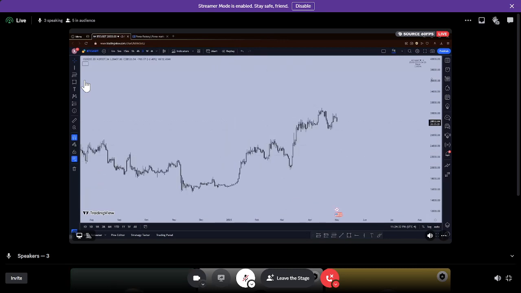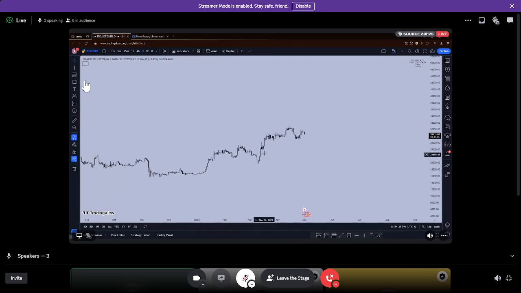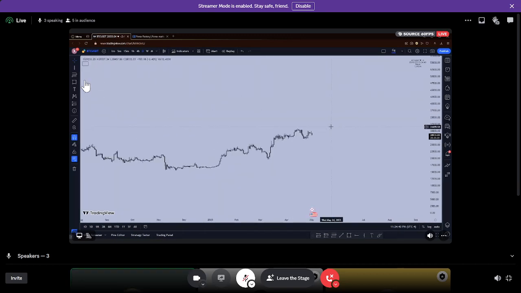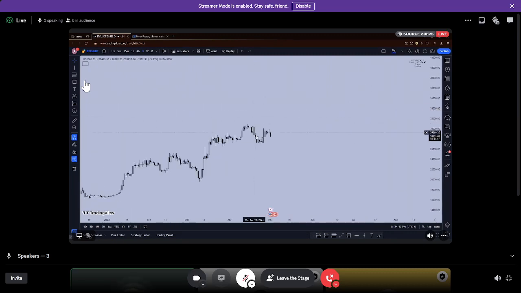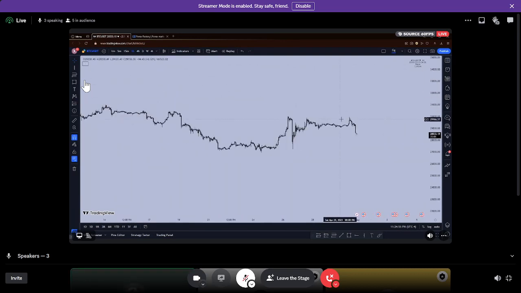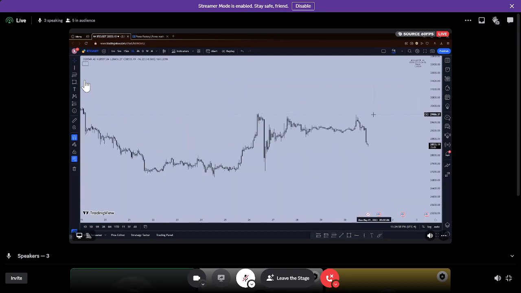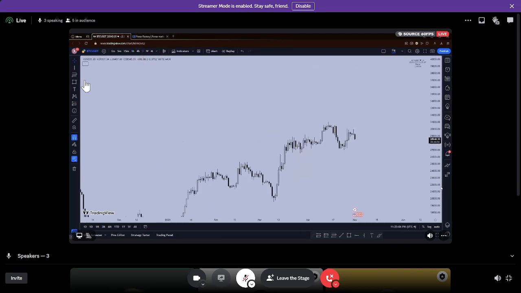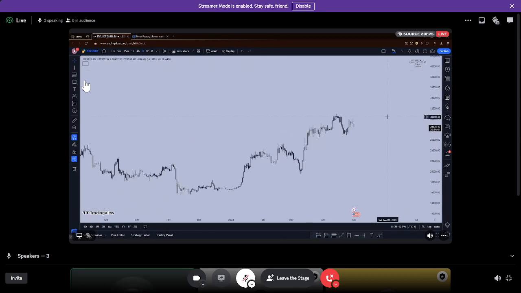Maybe right there, that's what my eye draws to. But we don't really know that until either this low breaks or this high breaks, because all it's doing is just ranging. We can trade this range. We can pull up our microscope, pull up the magnifying glass, and trade up and down all we want, but really there's no real direction in this Bitcoin market right now.